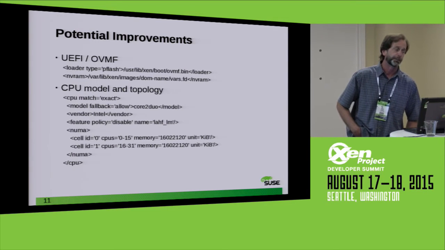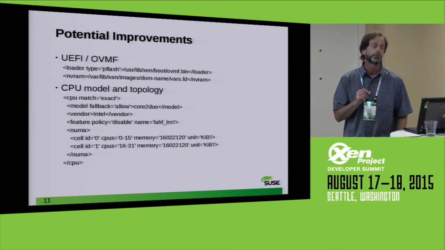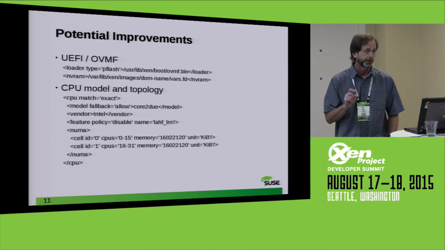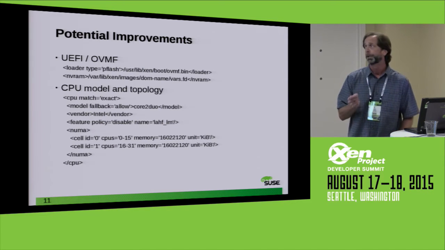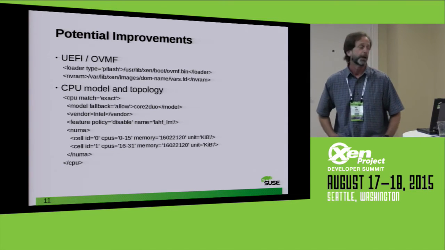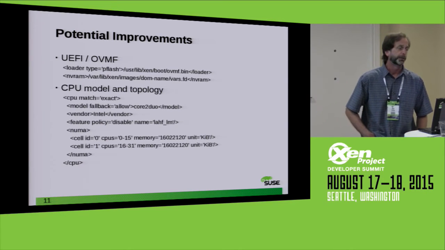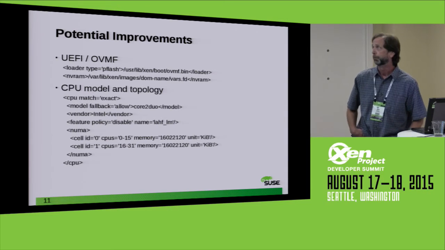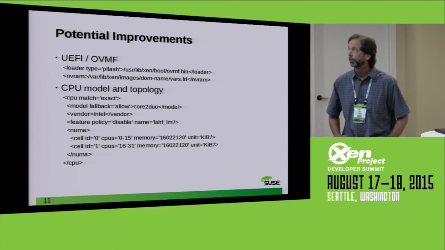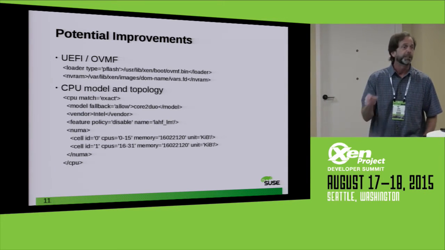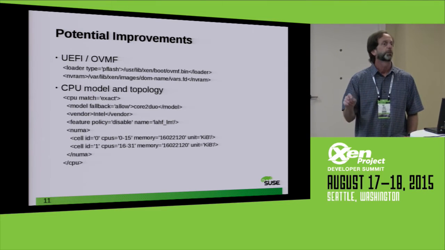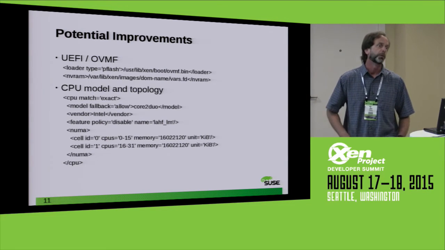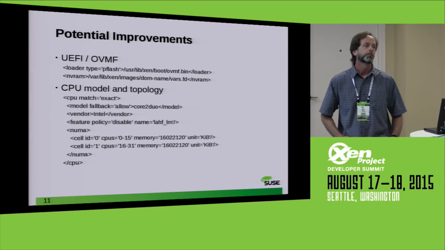Another one, this top item is Libvirt-only work, maybe a little bit in Xen, but supporting OVMF and UEFI. I think Wei has done work to support OVMF. What I'm not sure about is some NVRAM specification where you can then store the variables. It doesn't work at the moment, sorry.